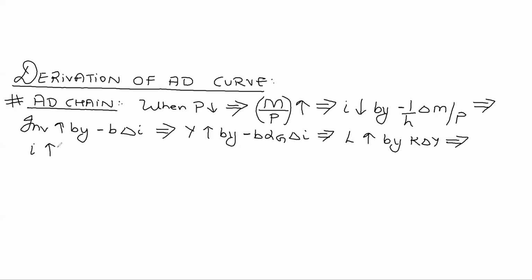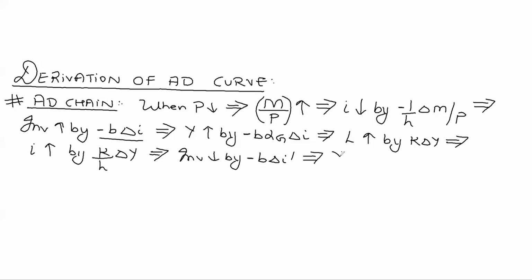So interest rates go up by K by H times change in Y. And when interest rates go up, investment falls by minus B change in I dash. The reason I've used I dash is because I have already used minus B change in I before. And when investment falls, output falls by minus B alpha G change in I dash.